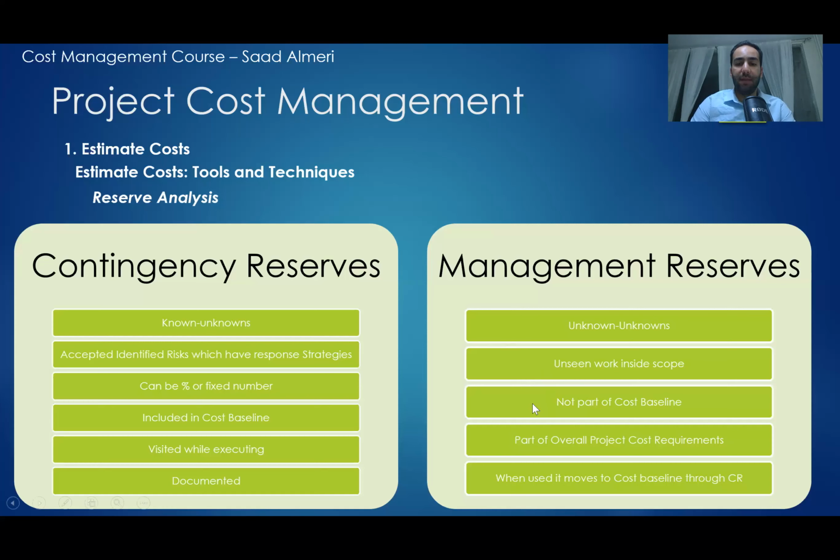But it is part of the overall project cost requirements. So if I went to the project management in my company and told them that I need this amount of money for the project, then I should include the management reserves. For sure the baseline is included, but I should also include this one.